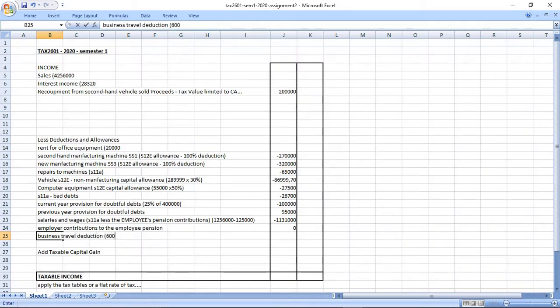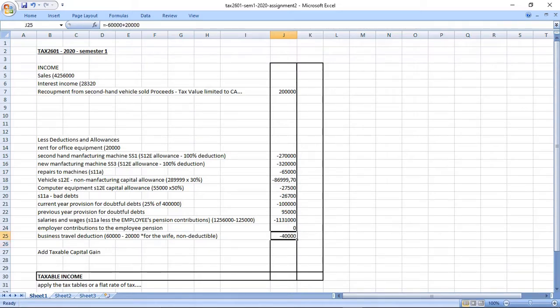Brackets 60,000 minus 20,000, asterisk for the wife, non-deductible. You're not going to be able to claim the wife's travel expense as a deduction. That wouldn't be fair. So 60,000, less, take out the 20,000.